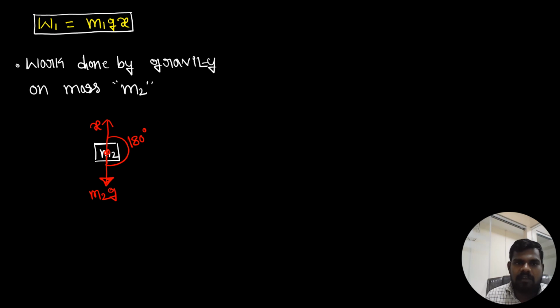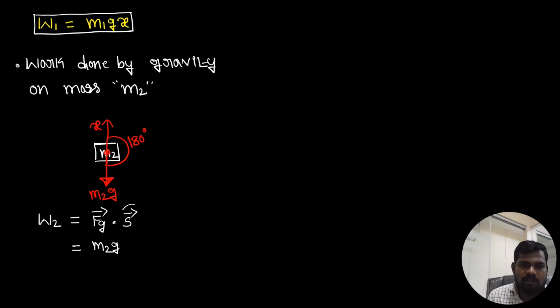Same formula I am taking here. W2 is equal to force vector, gravitational force, dot S vector. So for the second body this is m2g.